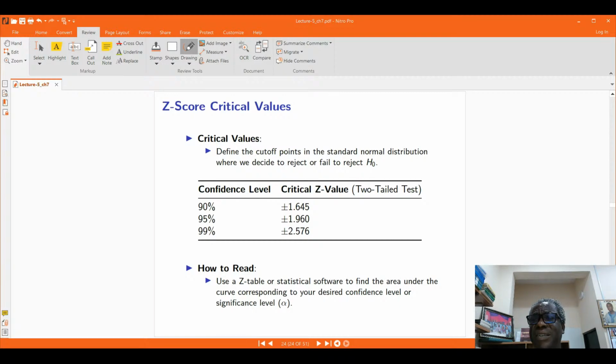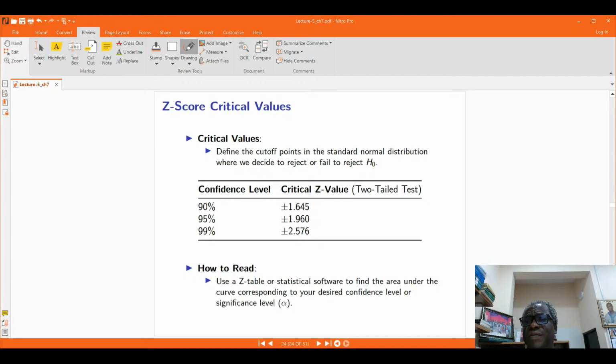For a 95% confidence level, the corresponding level of significance would be 0.05, and the critical value will be 1.960. Why we are putting plus or minus there is when we are dealing with two-tail tests.